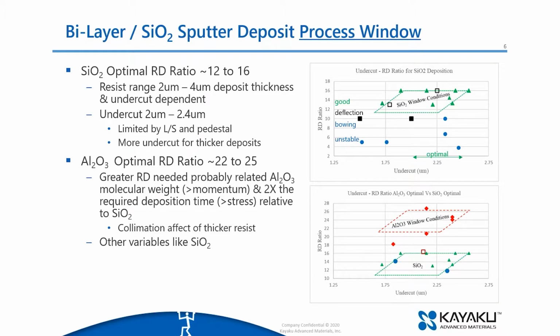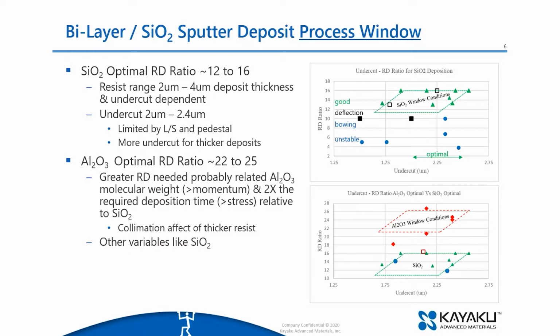So here's what that relationship looks like graphically for silicon dioxide. If you plot this resist to deposit ratio versus undercut, what you can see is that the blue dot points represent unstable structures or significantly bowing structures.